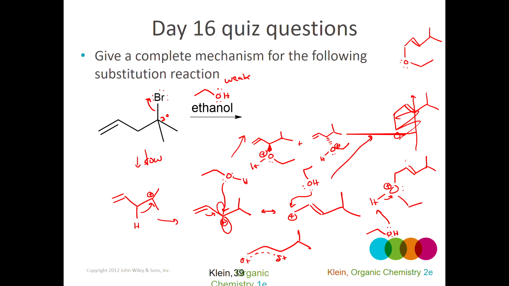So the last step would involve an ethanol molecule picking up this proton in each one. And so I would get two more products that are only different spatially, but they're still different because they're not superimposable. They're a pair of enantiomers.